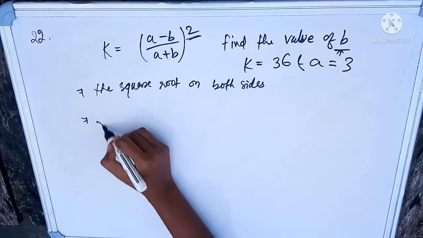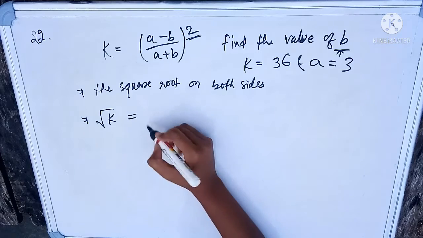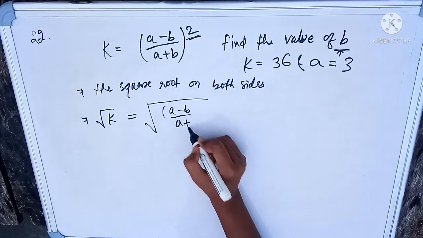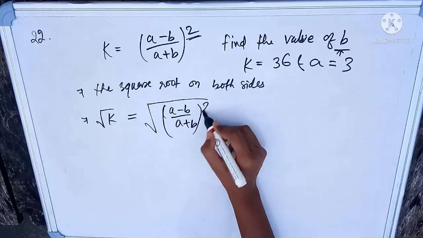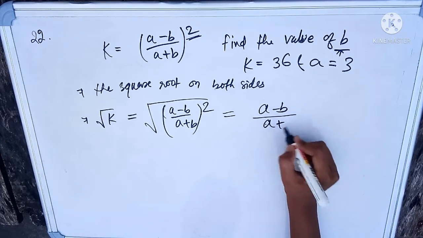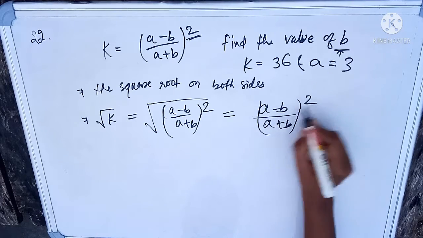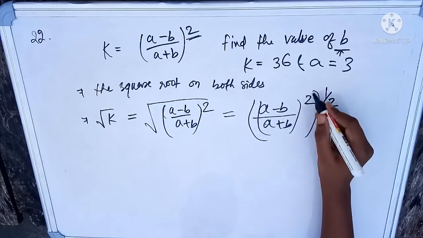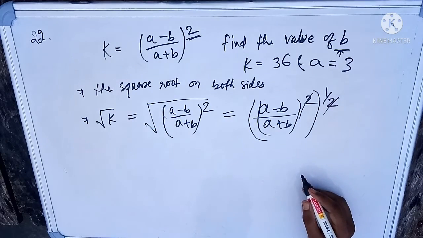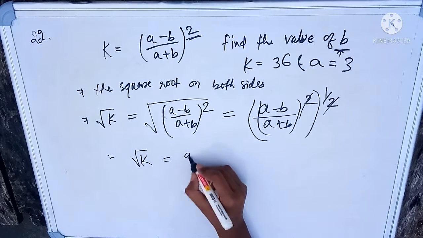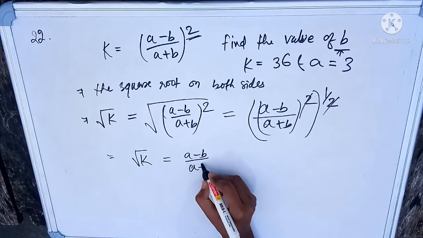So we have here the square root of k equal to square root of (a minus b divided by a plus b) whole square, and this we can write as (a minus b divided by a plus b) to the power 1 by 2 times 2. So from here we can cancel this 2 and we will get that square root of k is equal to a minus b divided by a plus b.